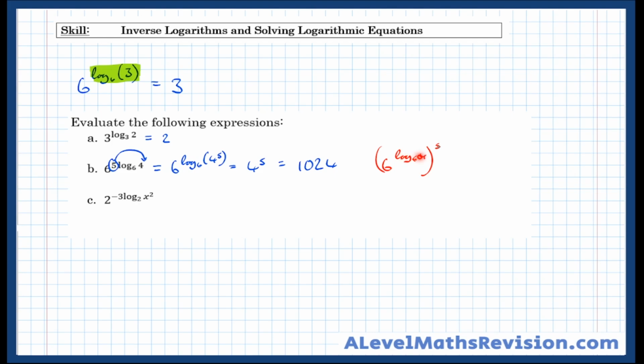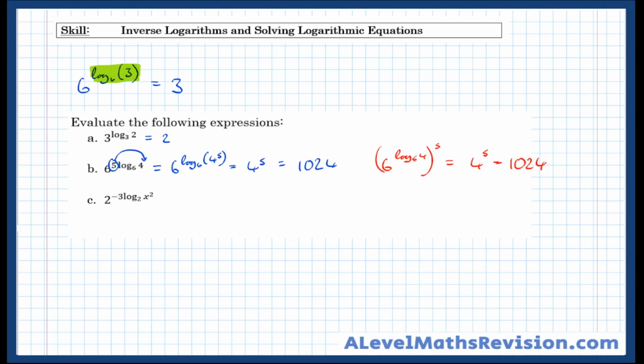When you've got a bracket raised to a power, you just times the two powers together, which would give us 5 log base 6 of 4, which is what we started with. And here, 6 to the power of log to the base 6 of 4 is just 4, raised to the power of 5, which again gives us 1024. So two different ways of doing the same example.